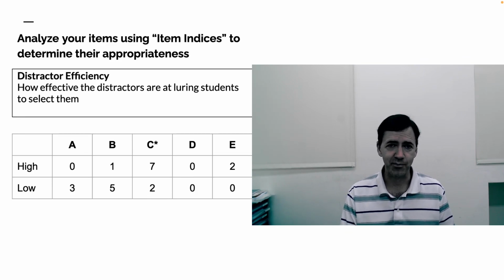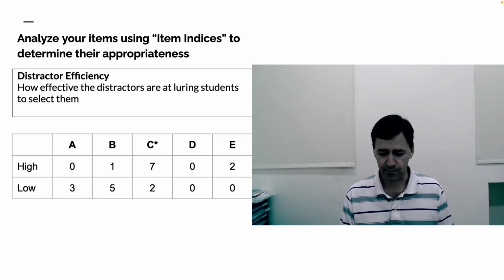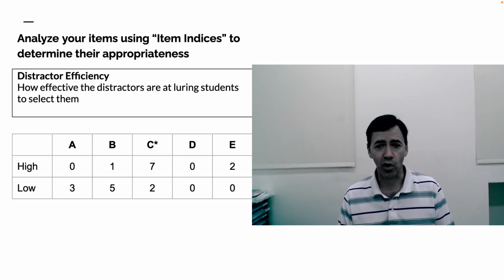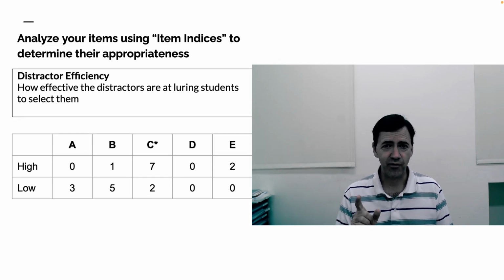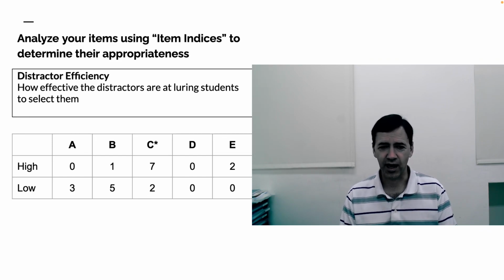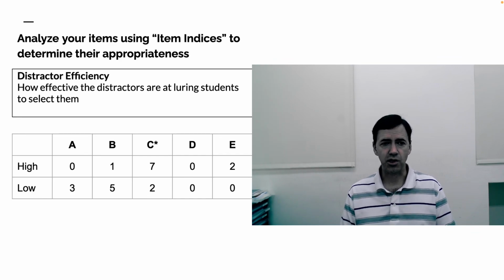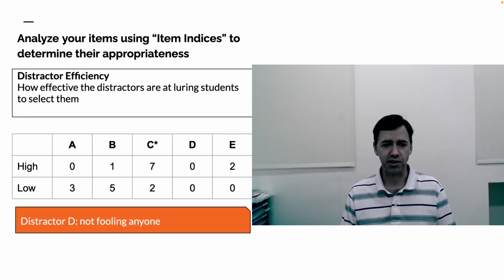Like maybe perhaps in the item I showed before, where did he go after the party? He went home around 11 o'clock. Maybe for the highest proficient students, they may think this one is also correct. But the low level students know it's wrong because it's not a direct answer. Either way, if you have distractors like this, then you have to redesign them, because that's not the way that the test should go. Okay, so just some ways to analyze your test.